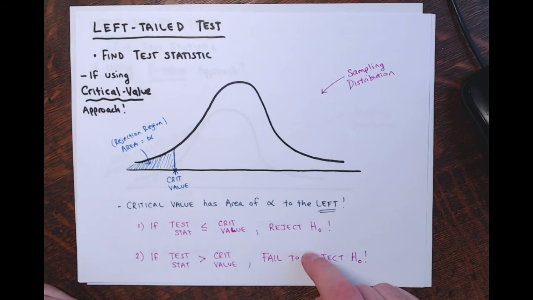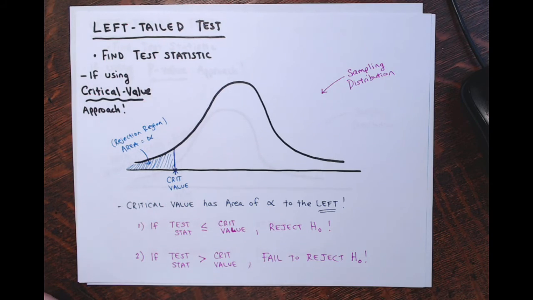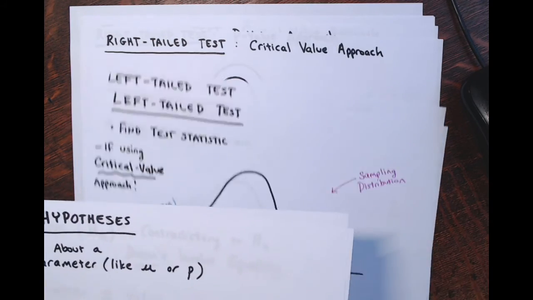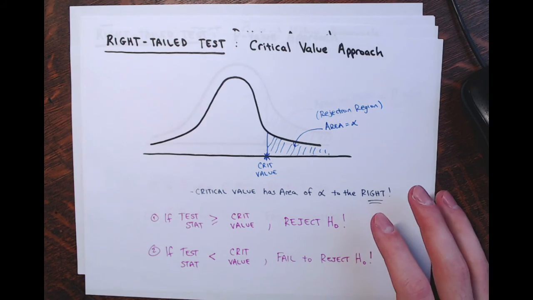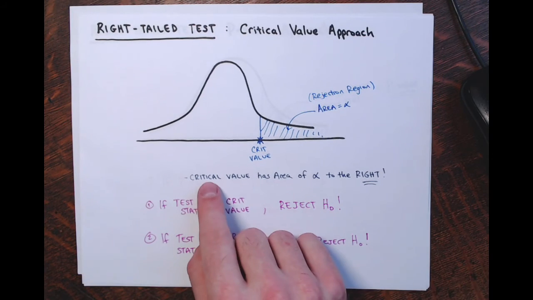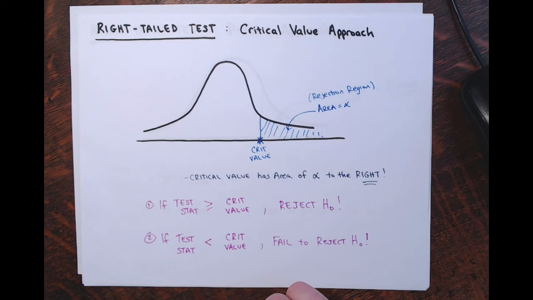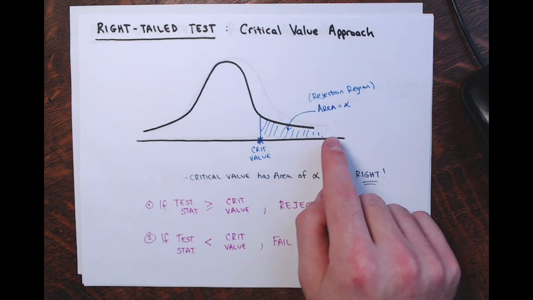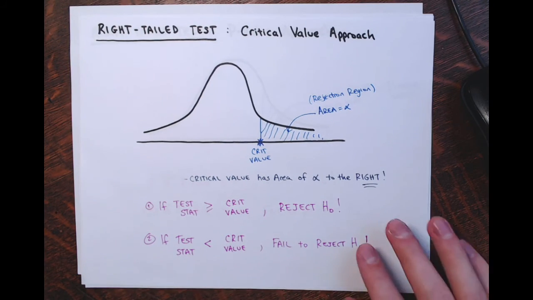Again, if your test statistic falls in that area, you reject the null hypothesis. If it doesn't, you don't reject. Then for a right-tailed test, you just flip that. The critical value has an area of alpha to the right. Again, if your test statistic falls in that region, you reject the null. If it doesn't, you don't reject the null hypothesis.